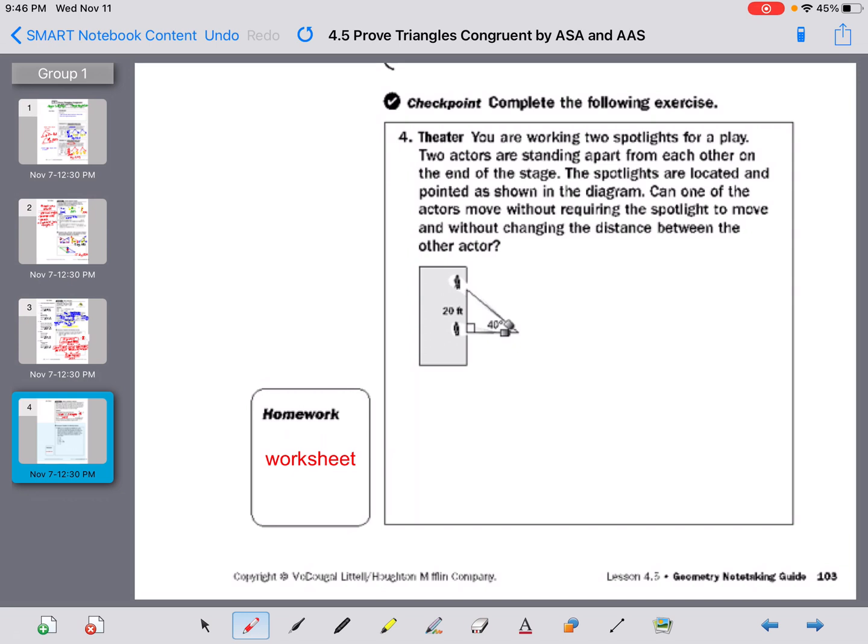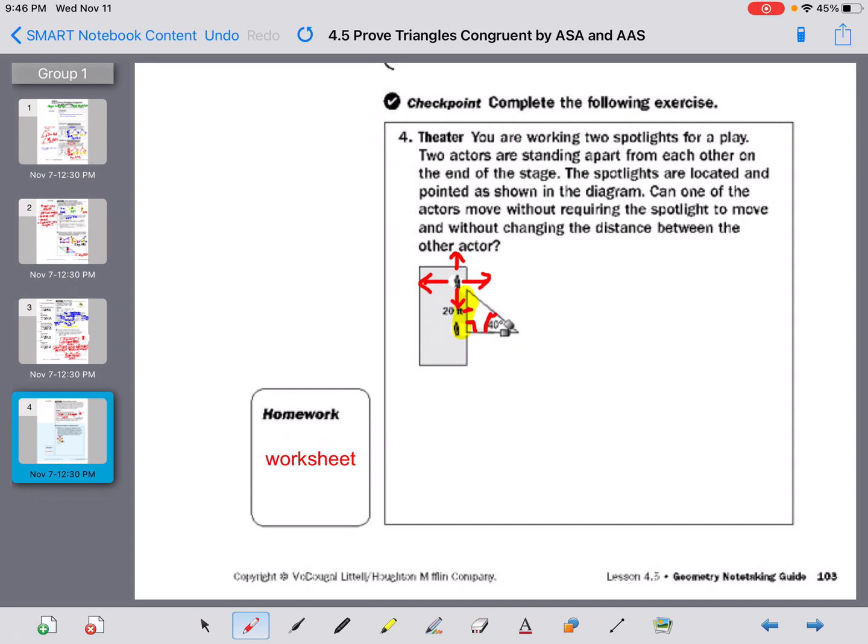So right now, I have an angle and a side, right? But if I move this actor, what are ways I could move the actor? If I move this way, it's going to change this 20 side, right? If I move this way, it's going to change that 20 side. If I move this way, it's going to change that 20 side. And if I move this way, it's going to move it, right?